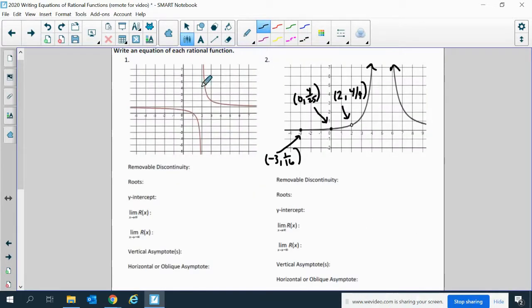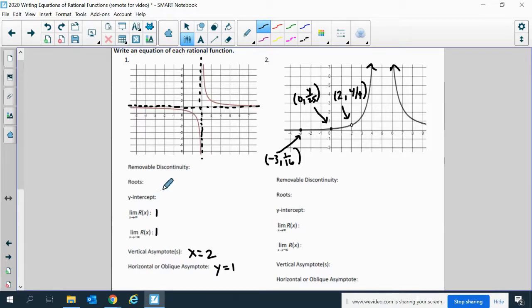Question 1, it looks like we have an asymptote vertically at x equals 2. We have a horizontal asymptote at y equals 1, which means that the limit of this rational function as we go to infinity and negative infinity is 1.